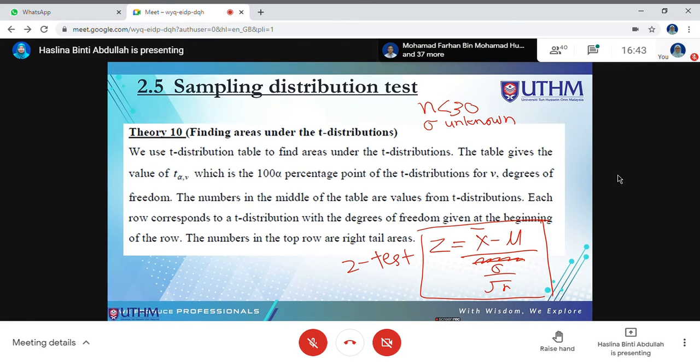If the value of sigma is unknown and the sample size is less than 30, then we need to use T distribution. You must make sure that you fulfill both criteria, which are n less than 30 and sigma is unknown, so you need to use T distribution.